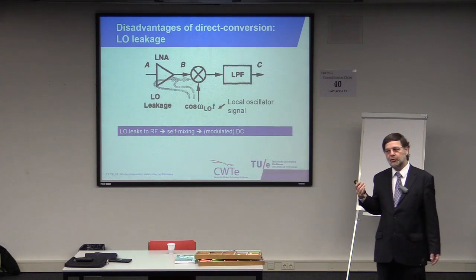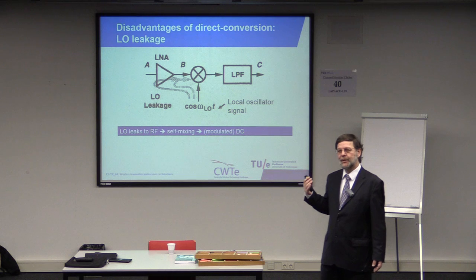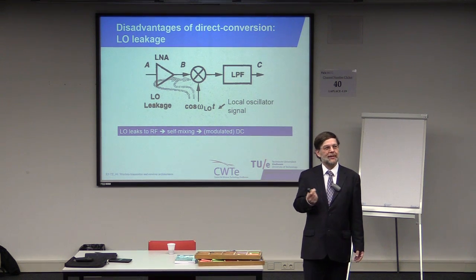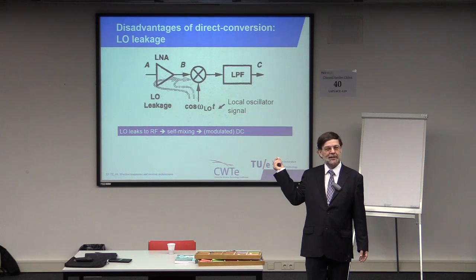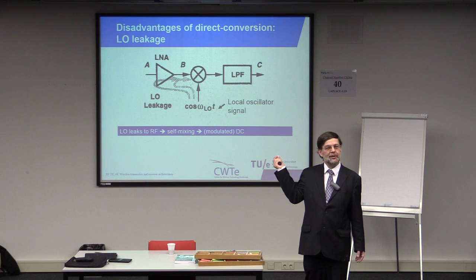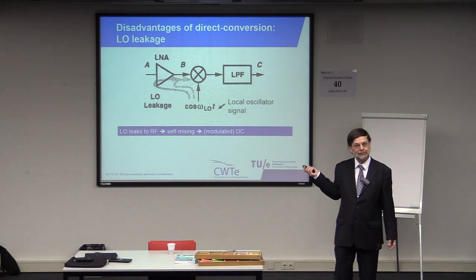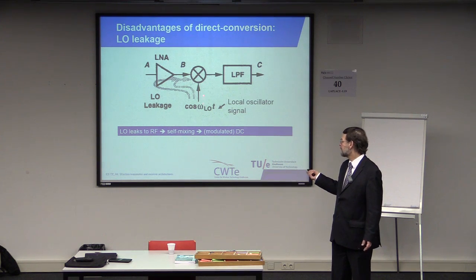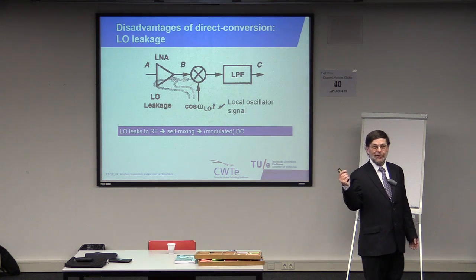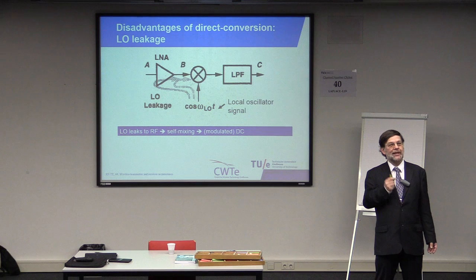And to drive a mixer, you need in the order of 1 milliwatt, which is about 10 to the power of 9 stronger. And these things are on the same IC at a distance of less than 1 millimeter. So we will have to realize more than 90 dBs of isolation between my oscillator and the antenna input. Otherwise, the crosstalk of my oscillator to the antenna will be stronger than the signal I'm looking for.